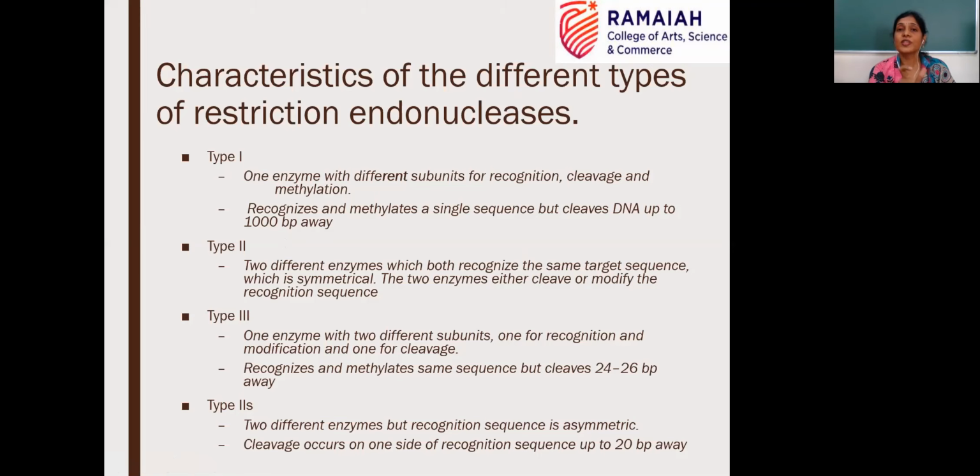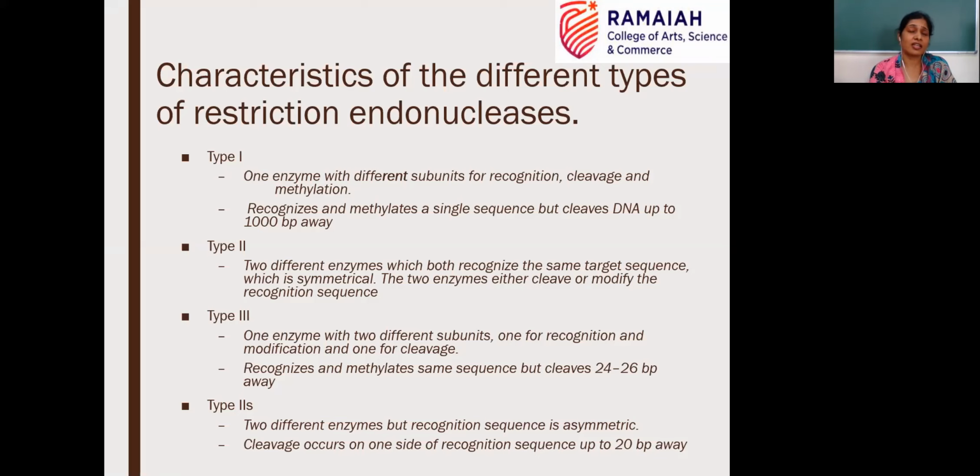They are of specific length. But in case of type 1 restriction endonucleases, what happens? They recognize the recognition sequence, but the cleavage takes place somewhere away randomly, usually about 1000 base pairs or more or less, many base pairs away from the recognition sequence.